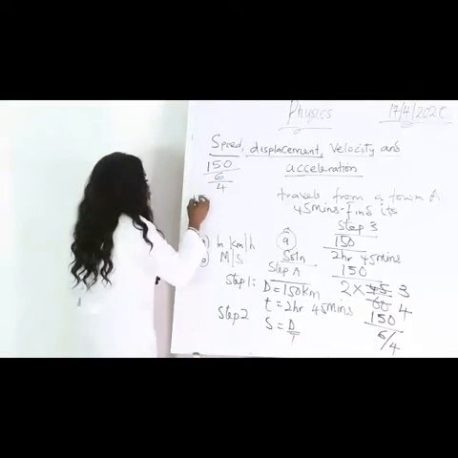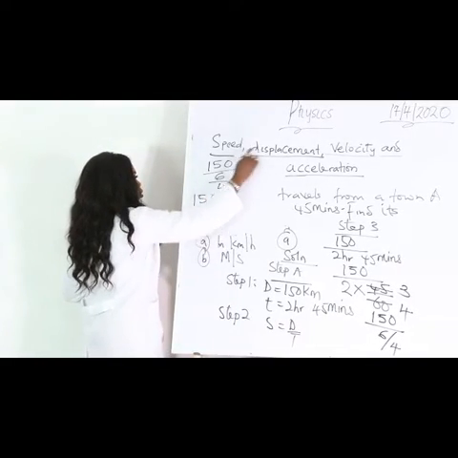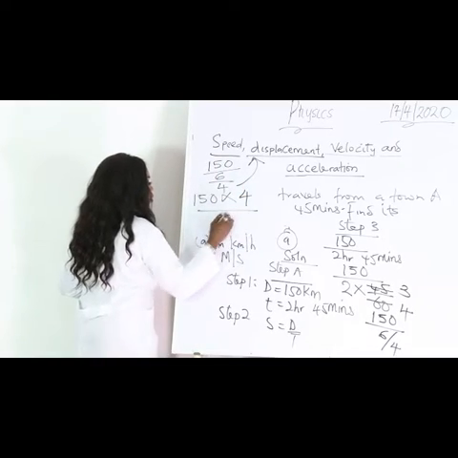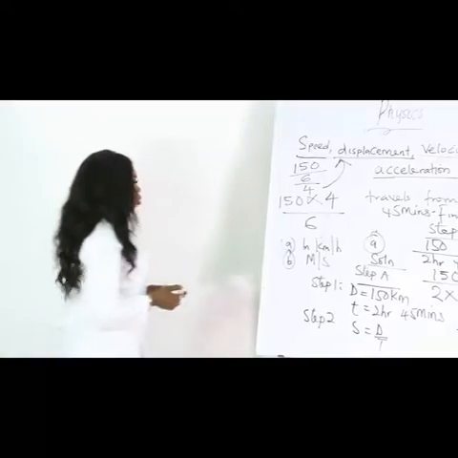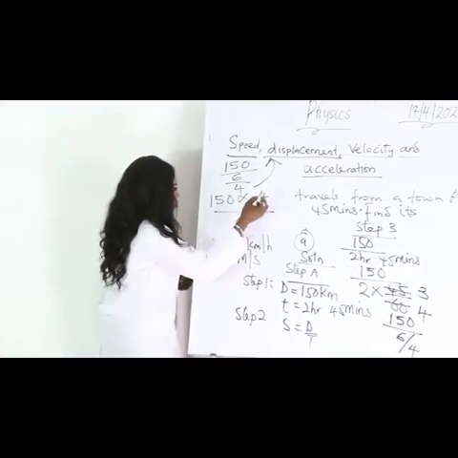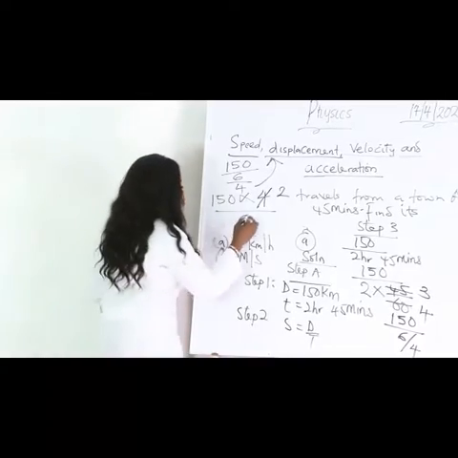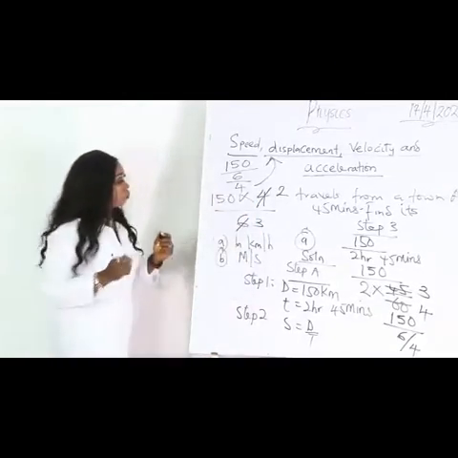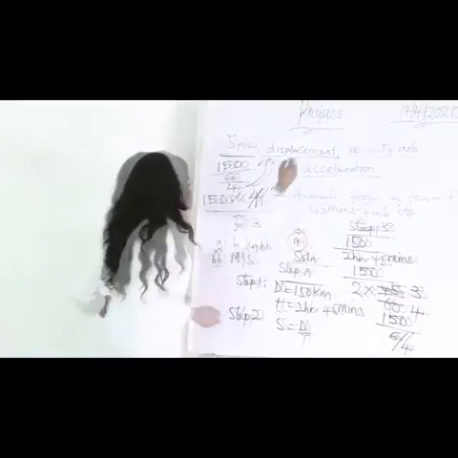So we have 150 multiplied by, this is coming up here, 4 over 6. So 2 can go. 2 into 4 is 2, and 2 into 6 is 3. We can still divide. We don't need a calculator.